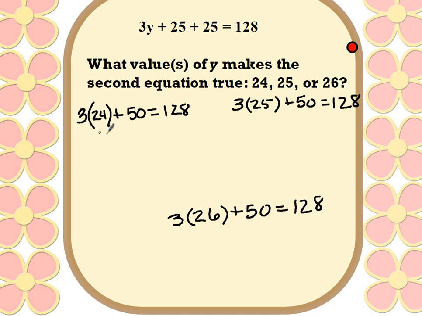So go ahead and use your calculator, multiply it out, add 50, and see which one of those three actually is true. 2 are false, 1 is true. Double check by finding all 3. When you're ready, go ahead and unpause it.